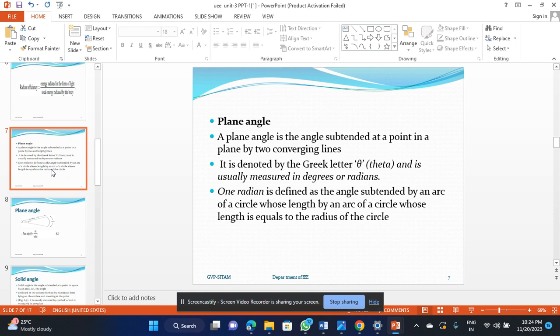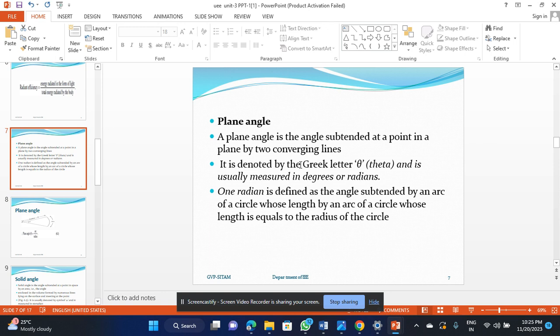The main terminologies in illumination are plane angle and solid angle. We have to know what is meant by plane angle. A plane angle is the angle subtended at a point in a plane by two converging lines.